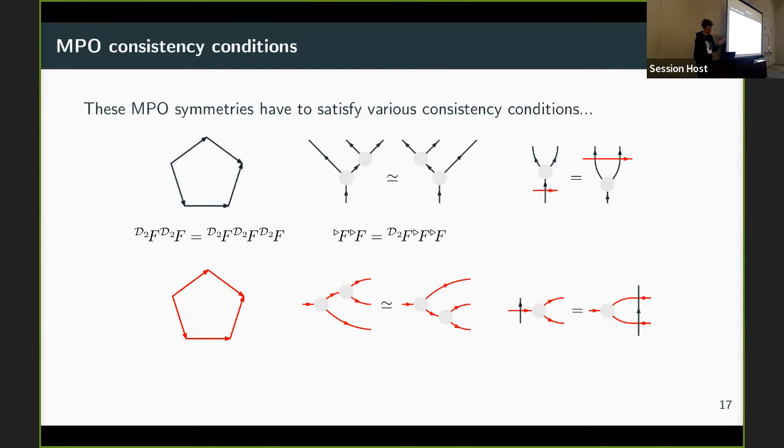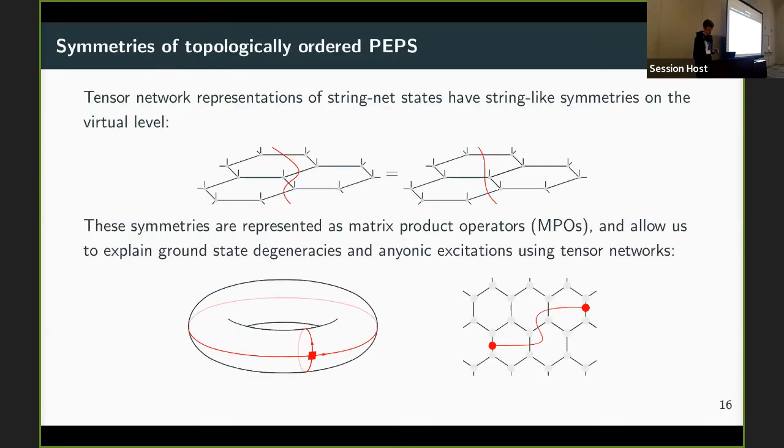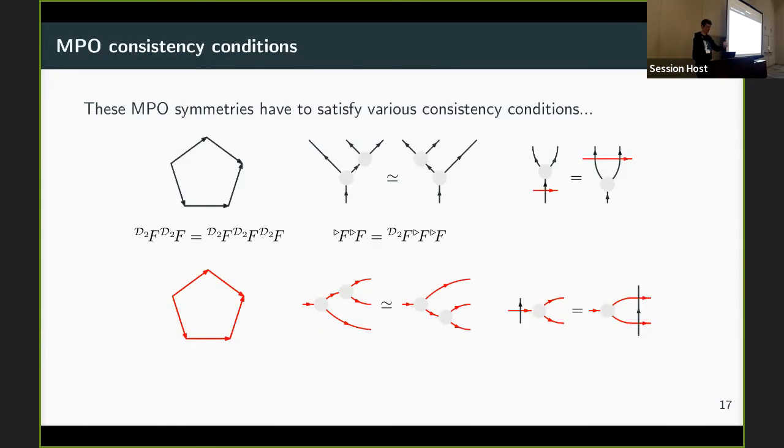Now, these MPO symmetries have to satisfy various consistency conditions. You just derive this from the fact that these operators should be able to move freely through the lattice. So if you just sit down, use the theory of tensor networks, and derive all the consistency equations that come out of this, you get these 6 conditions. The first 2 of which are already present because we already know what the solutions to these are, just because of our quantum circuits.